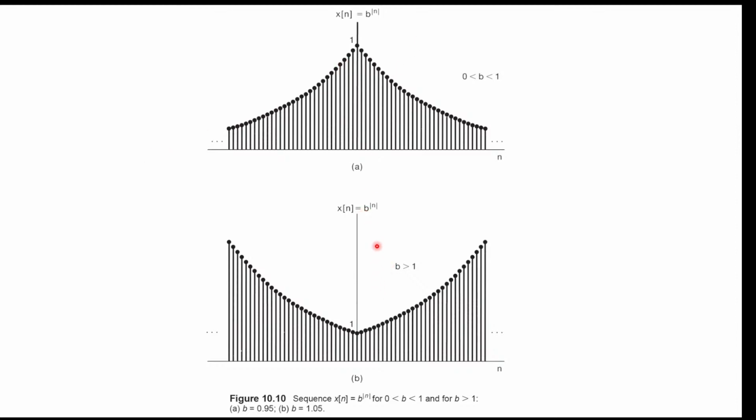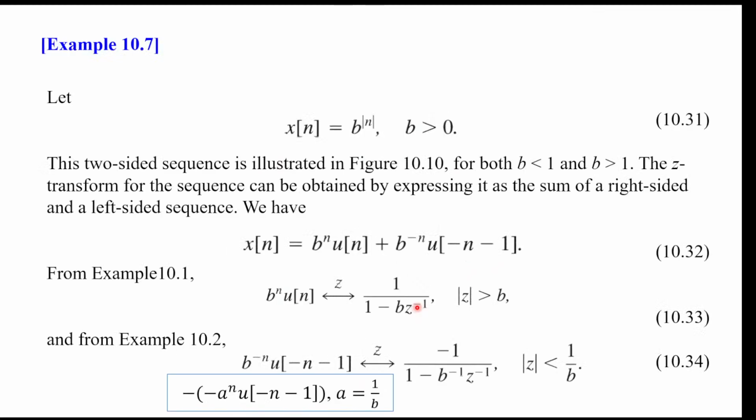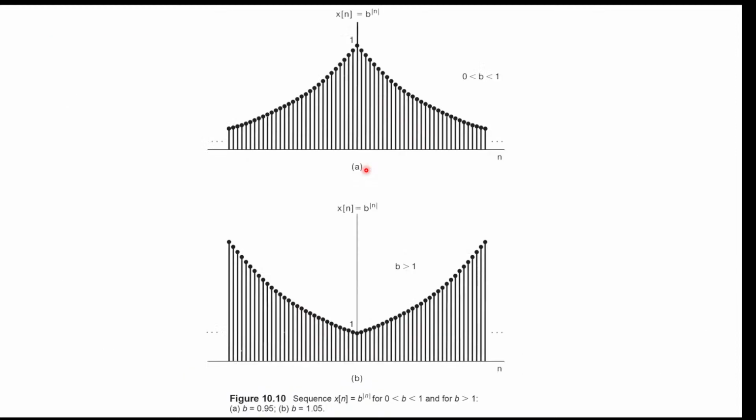And when b is greater than 1, then this thing is exponentially growing when n is growing. So we have this two-sided exponentially growing function. And from here, you can probably already feel that this one is much more stable. This one is much more unstable, and the summation here is a lot harder to converge. Anyway, x of n is a two-sided signal looking like this or this.